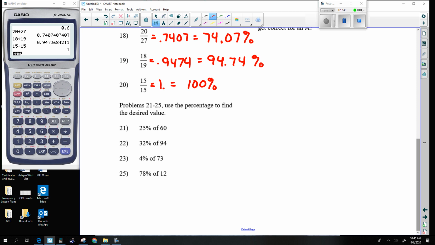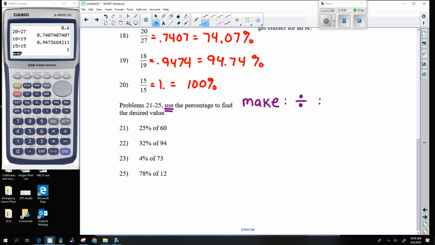All right, how to use a percentage. You have a decimal, or you have a percentage, and you want to use it. With this last section too, if you don't have a percentage and you need to make one, you divide. You divide to make that happen.